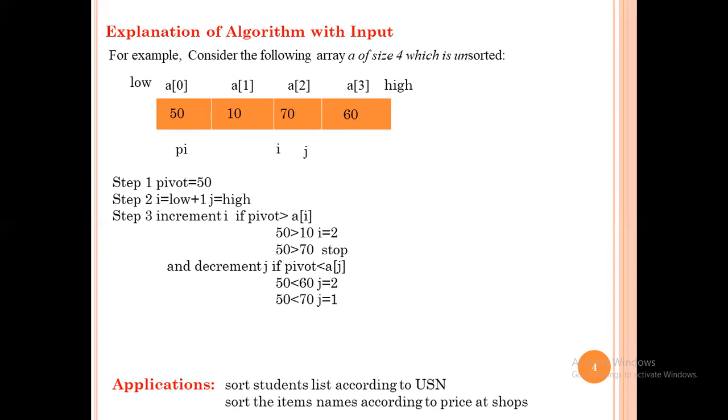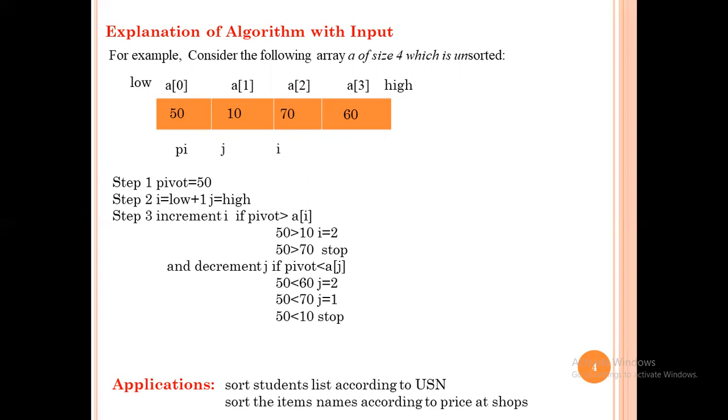Next, once again compare pivot with A of 2, 50 is less than 70. The condition is true, therefore once again decrement the j value. Now j is pointing to index value 1. Next, once again take the pivot element and compare with A of j.